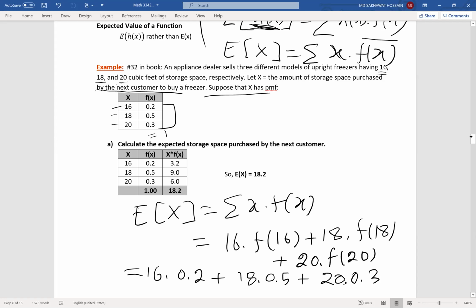Here we have this multiplication: 16 times 0.2 is 3.2, 18 times 0.5 is 9, and 20 times 0.3 is 6. If you add them together, it will be 18.2. So the expected storage space will be 18.2 cubic feet.